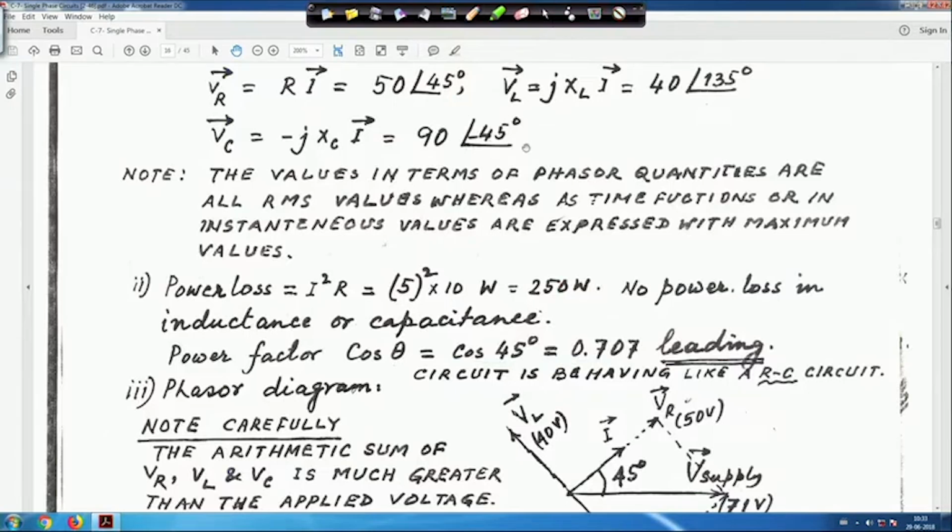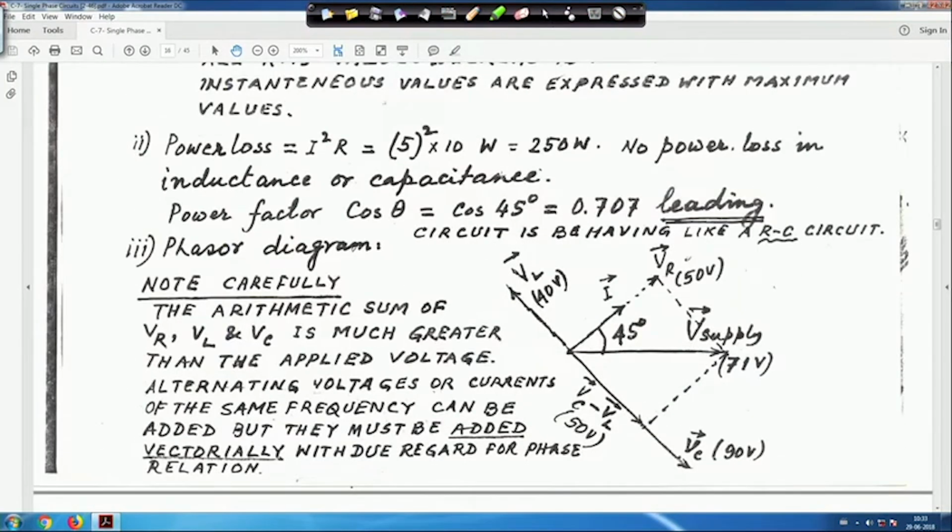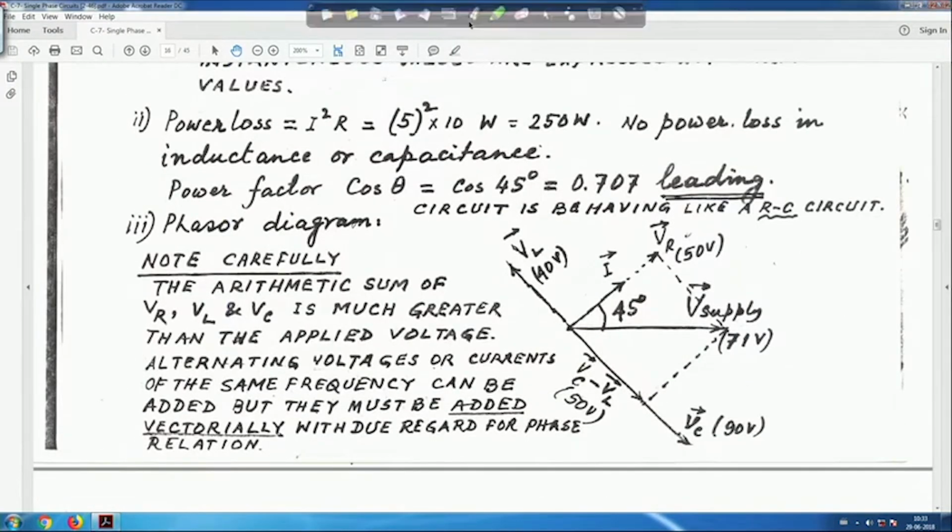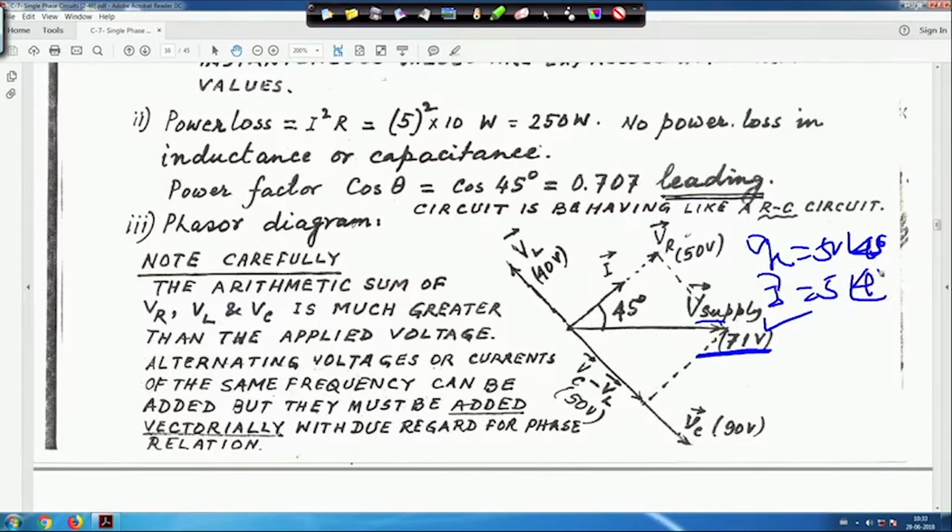If we draw the phasor diagram, this is your reference, the supply voltage, 70.7, approximately 71 volt. Now Vr was given as 50 angle 45 degree with respect to this. Similarly, I is 5 angle 45 degree, and R has no angle, it is simply multiplied by 10.